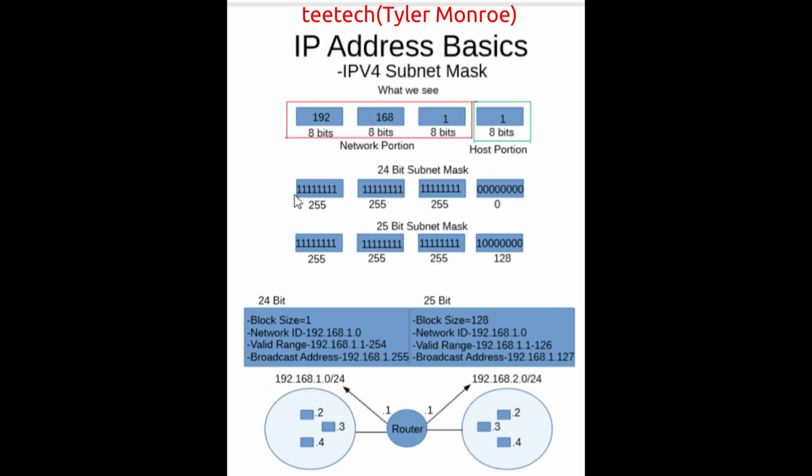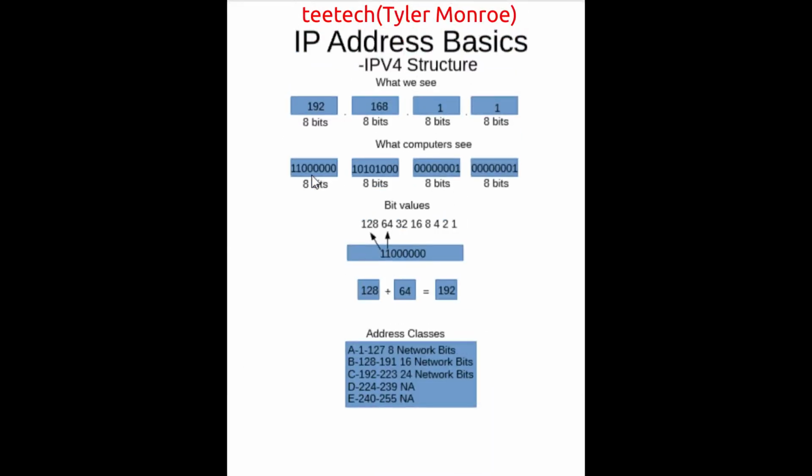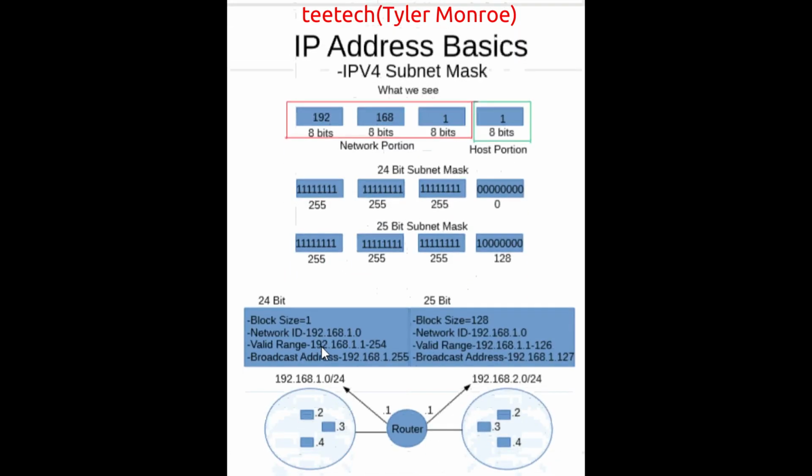Now, something important about this subnet mask is that you have classful subnetting and classless subnetting. With classful, we subnet where we would appear on the classes. We only subnet as 8, 16, or 24, and this 24-bit subnet mask is an example of that.